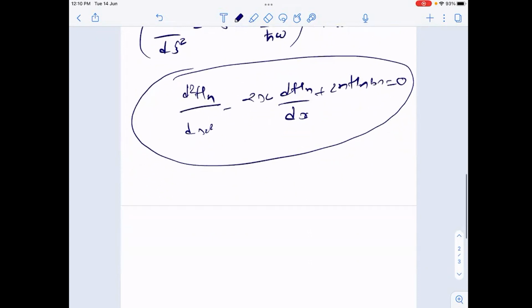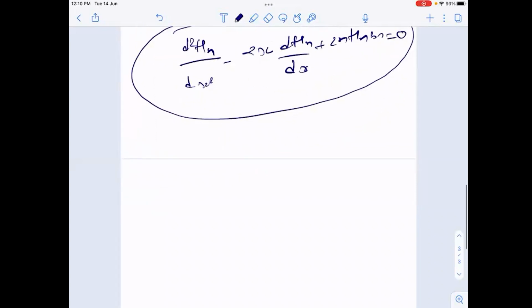Hermite's polynomial and its function and its orthonormalization all come under a very separate discussion, which is, I think, a special function. So it requires totally different discussions. We can go through it if time permits at the end of the lecture. Fine.